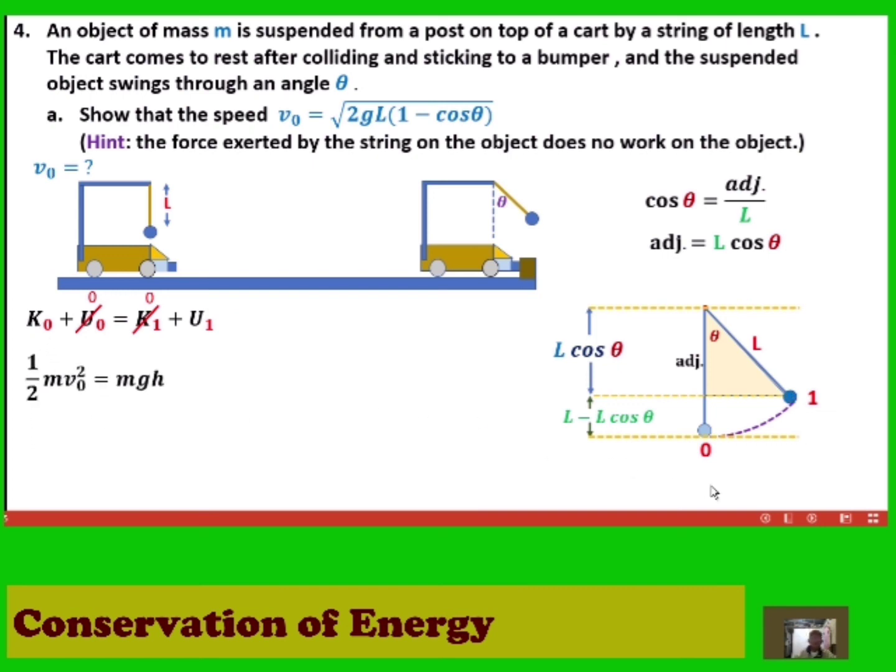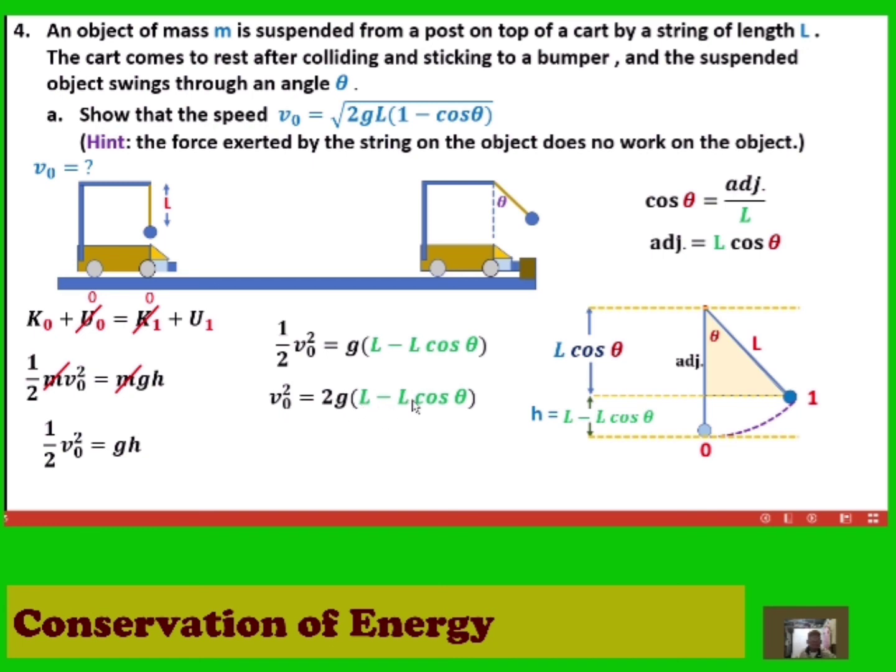At point O, its kinetic energy is 1/2 mv squared. At point 1, its potential energy is equal to the weight times the height, this height, which is equal to L minus L cosine theta. Simplify, cancel out m, and substituting h with this value, then simplifying, solving for b sub o.